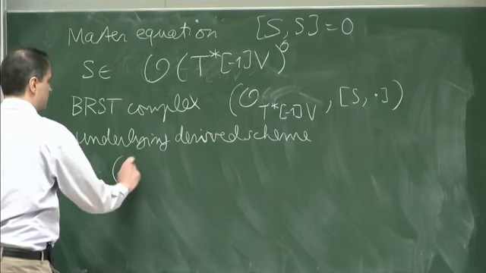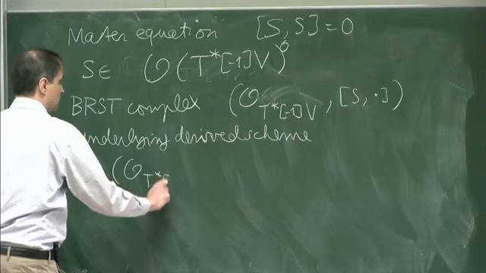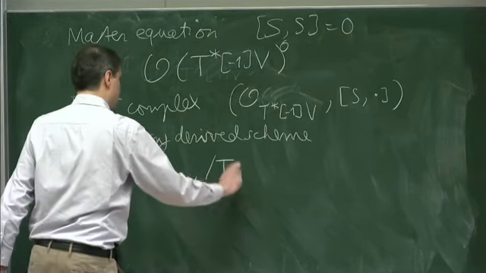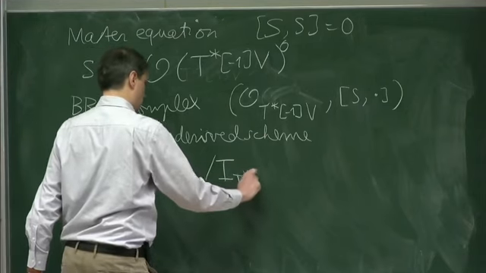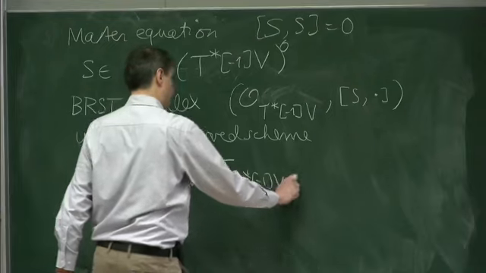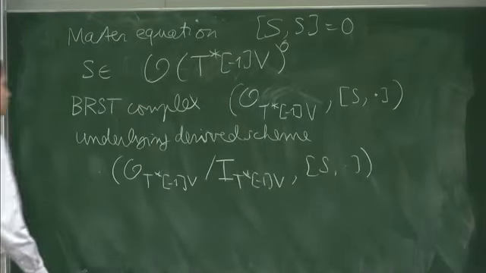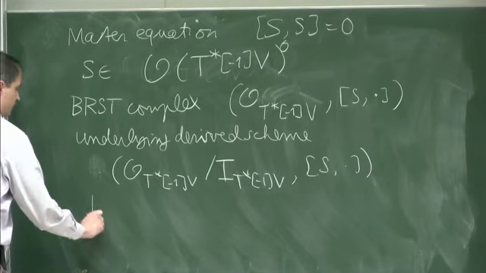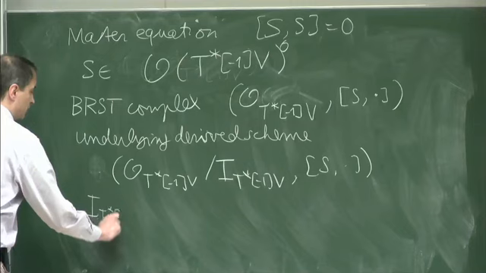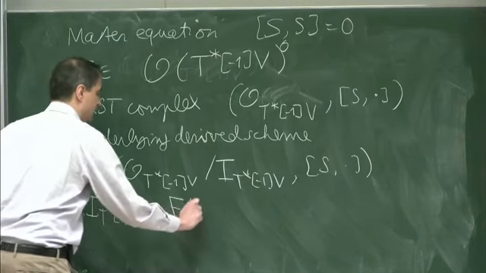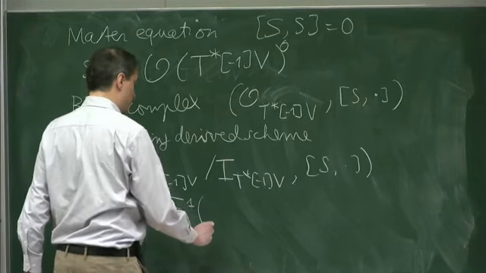So maybe I will first write it, O T star minus 1 V divided by I, where this I is another name for F1, the ideal generated by elements of positive degree.